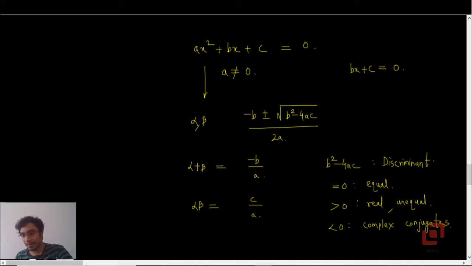Now this analysis works only when a, b and c belong to the set of real numbers. But the formula for the roots, the sum of the roots and the product of the roots, these three things work even if a, b and c belong to the set of complex numbers. Only this part does not work.